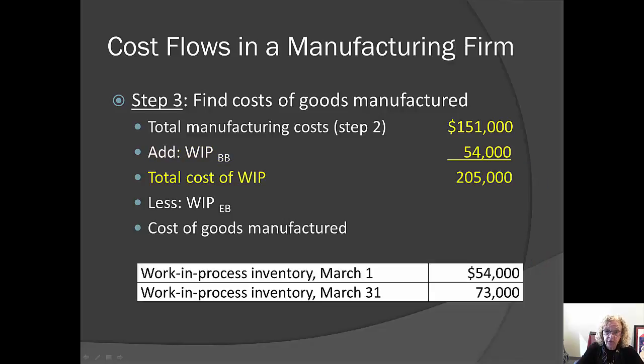So altogether, we have $205,000 worth of costs. Now, did it all get finished?